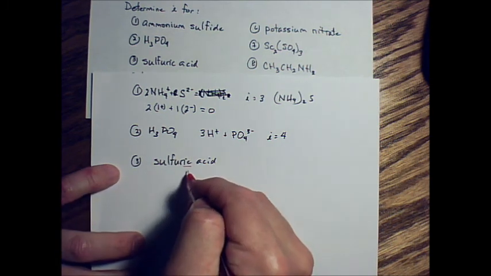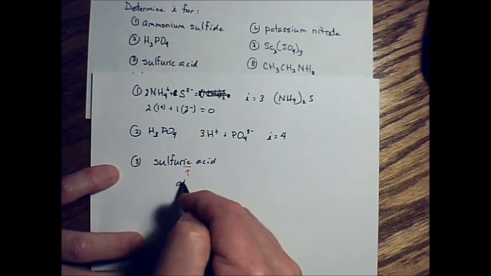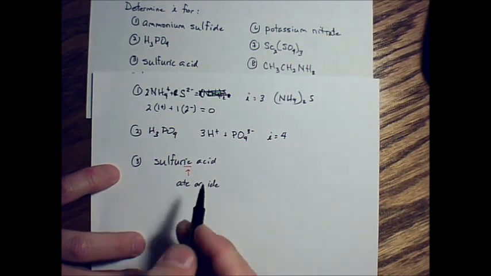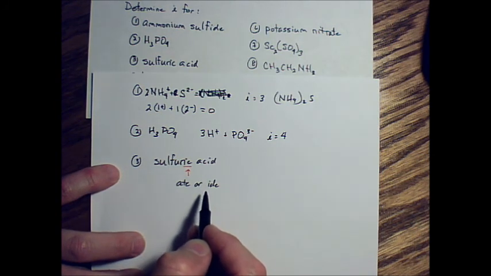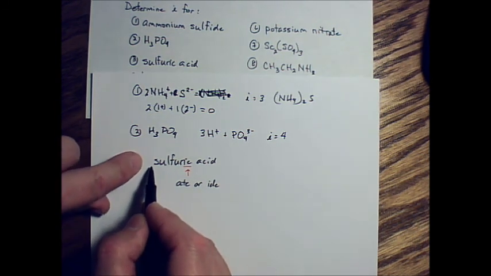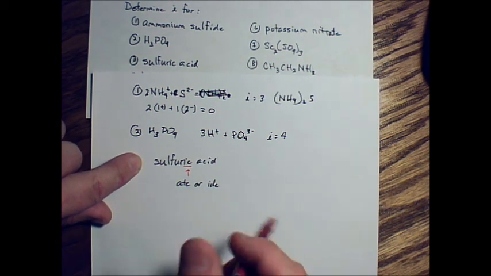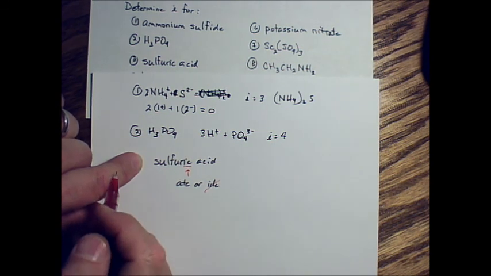We need to know whether this is ate or ide. If it's ide, it would have a hydro prefix. And there's no hydro prefix on this. So it has to be ate. Well, we'll get to that.